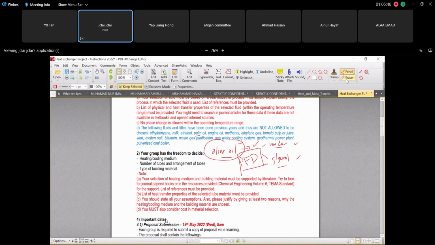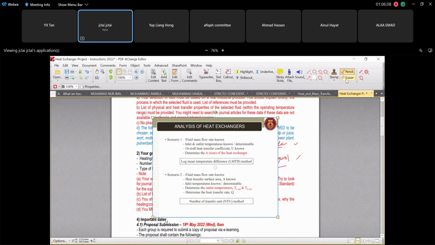If you are asked to determine the U, you can rest assured that all required information will be provided, because we want to test your understanding, that you know how to use this principle to determine the U value. So don't worry. Okay, Doctor.